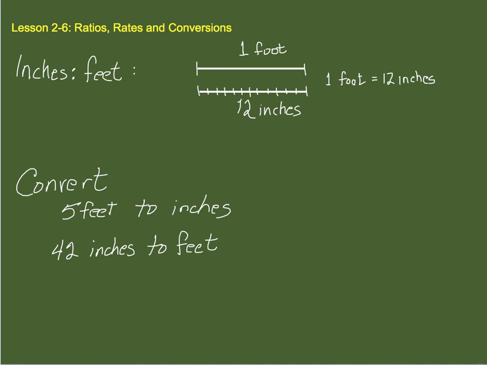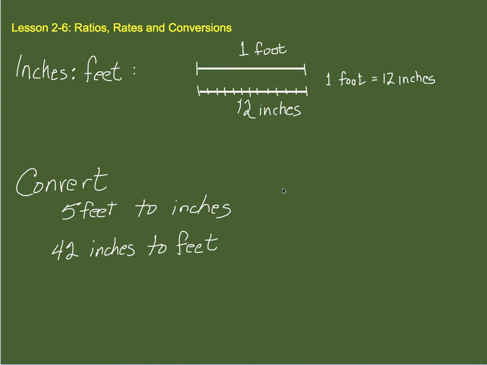Now, let's do some unit conversions. In the first example, we're going to convert between inches and feet. So first we note that 1 foot equals 12 inches, and this is a good diagram to look at as you do unit conversions. If we want to convert 5 feet to inches, we need to know how many inches there are in each foot.